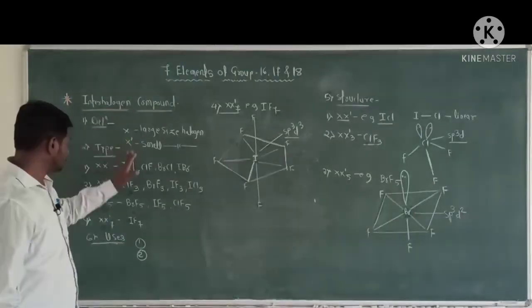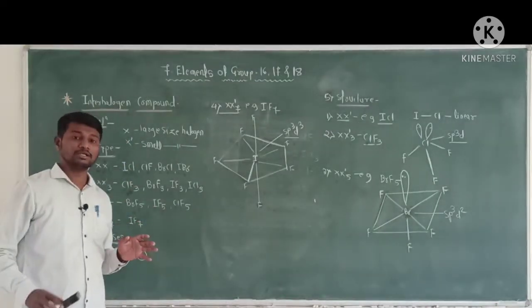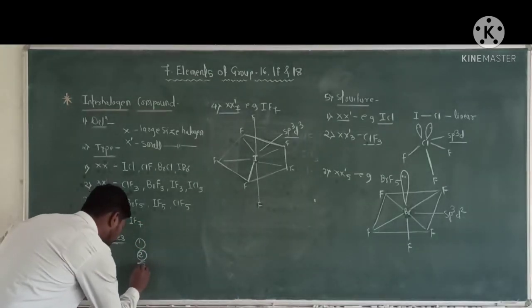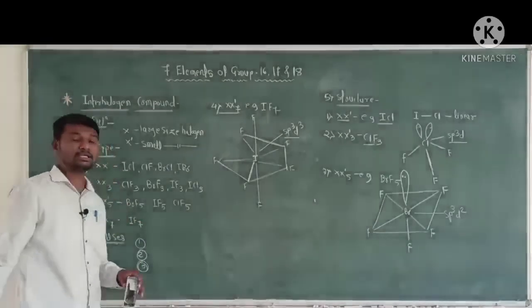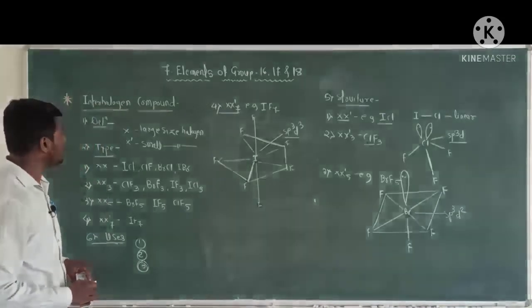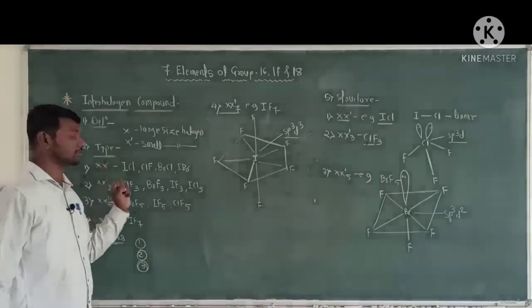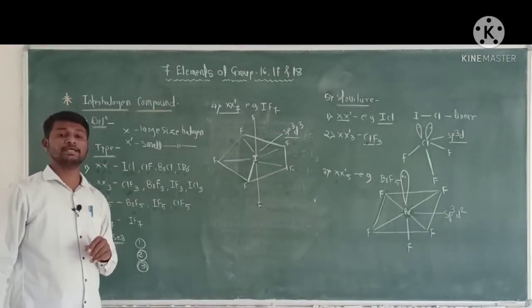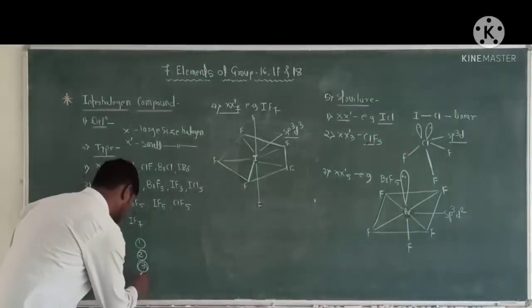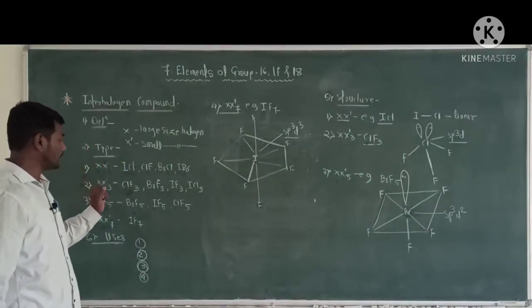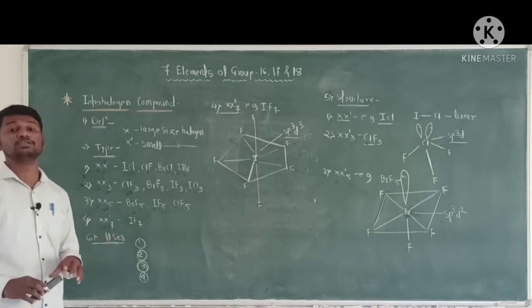Third, interhalogen compounds are used as a fluorinating agent. And fourth, interhalogen compounds are used as a halogenating agent.